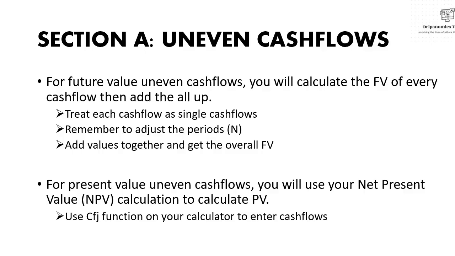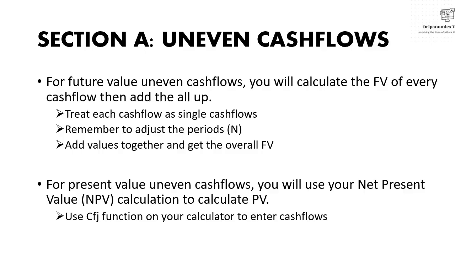So let's start reading. For future value, and this slide is quite important. For future value and uneven cash flows, you will calculate the future value of every cash flow and then you add them up, right? You treat each and every cash flow as if it is a single cash flow.